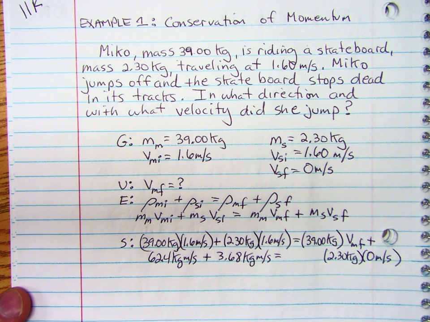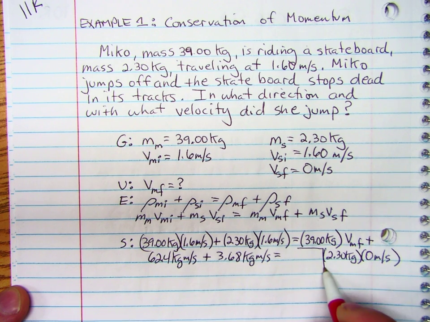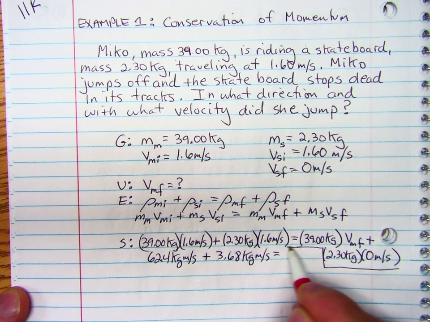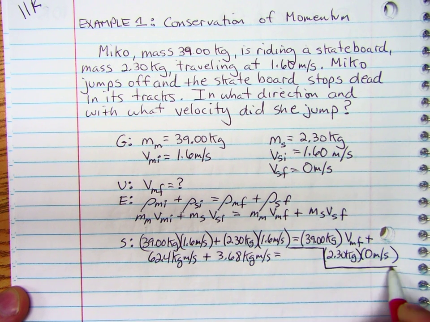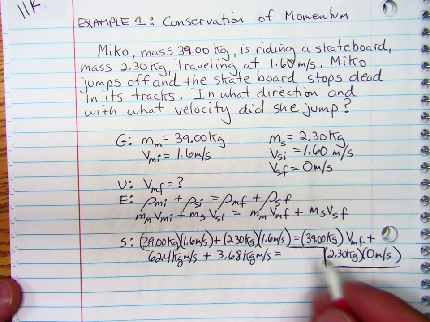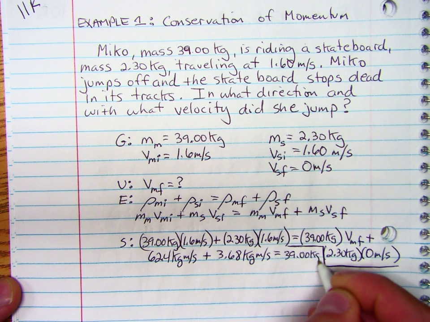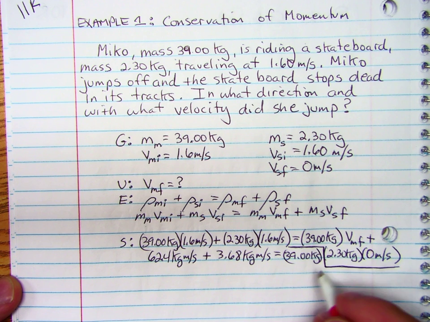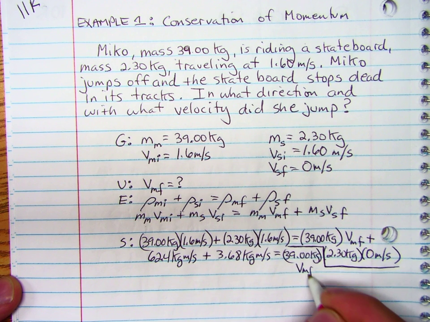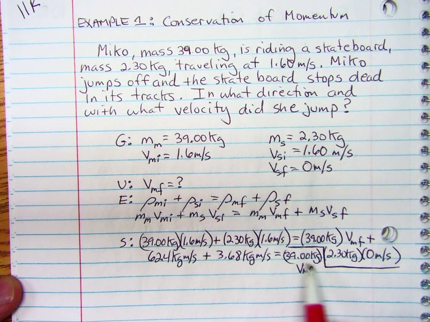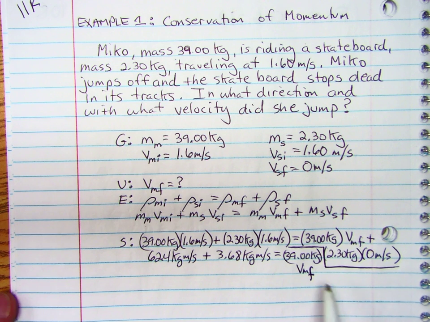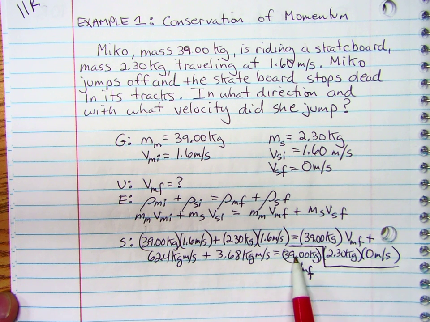Okay, I'm kind of messed up here. I'm going to put a little divider here. I should have skipped another space, but I'm not going to go back and re-record this. So I've got 39 kilogram times VMF. Now this notation is just because I ran out of room, so don't be confused by this. This is 39 times VMF.